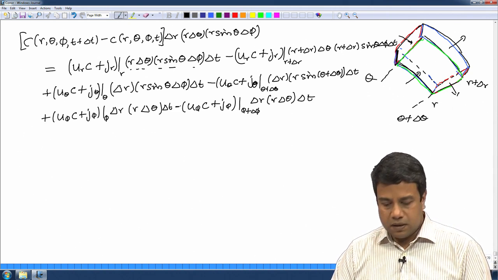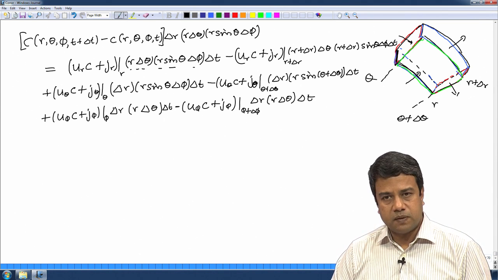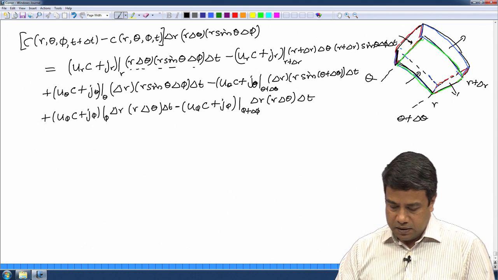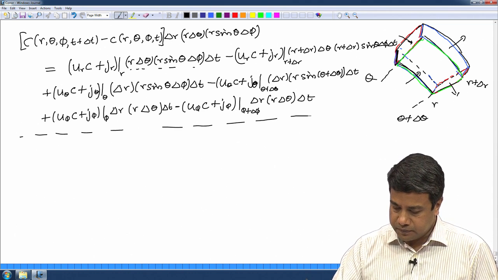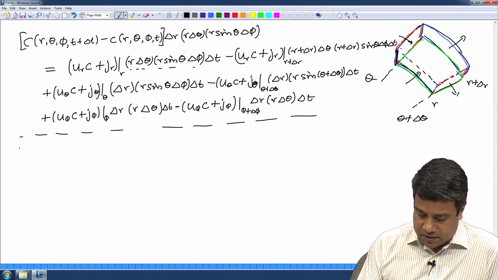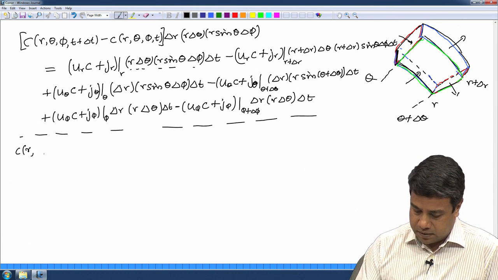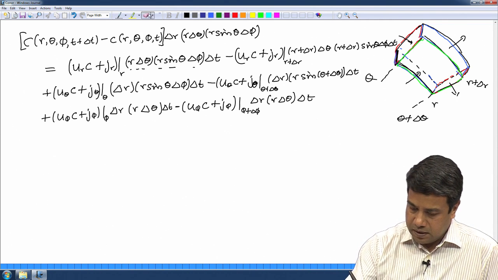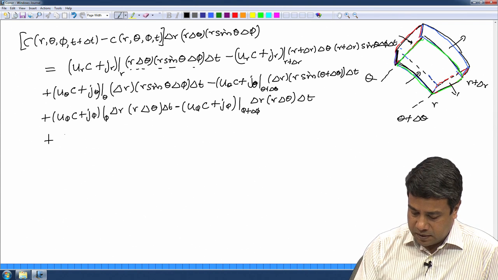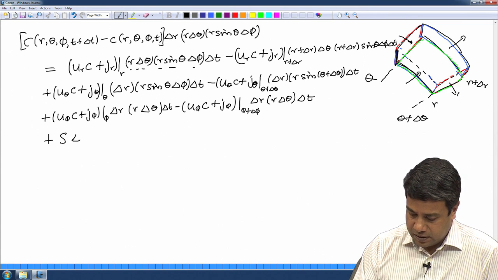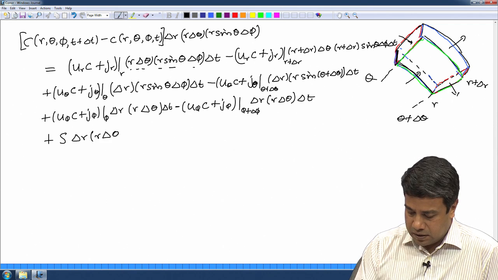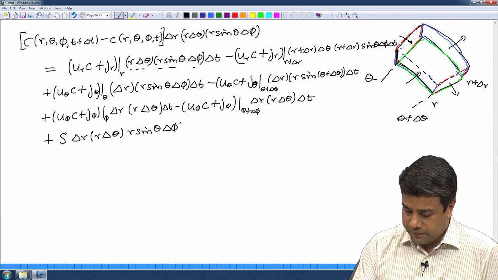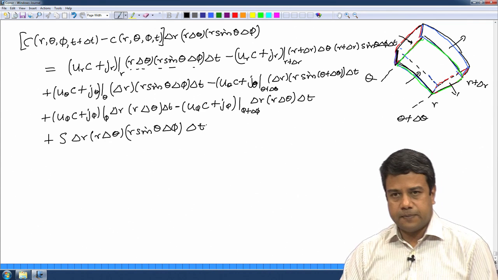And now I have to divide throughout by volume and by time. When I do that, on the left side I will just get C at... I should add the accumulation term here. The accumulation term is just of the form total source times the volume, delta r delta theta, r sin theta delta phi times delta t.